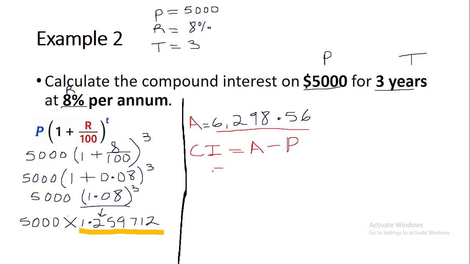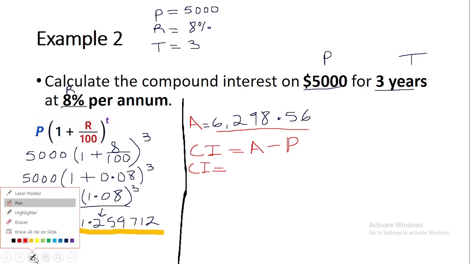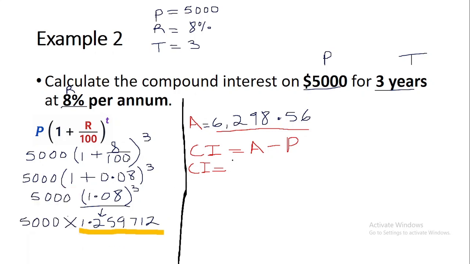So that's 6,298.56 minus 5,000. And after subtracting, we will get our compound interest.